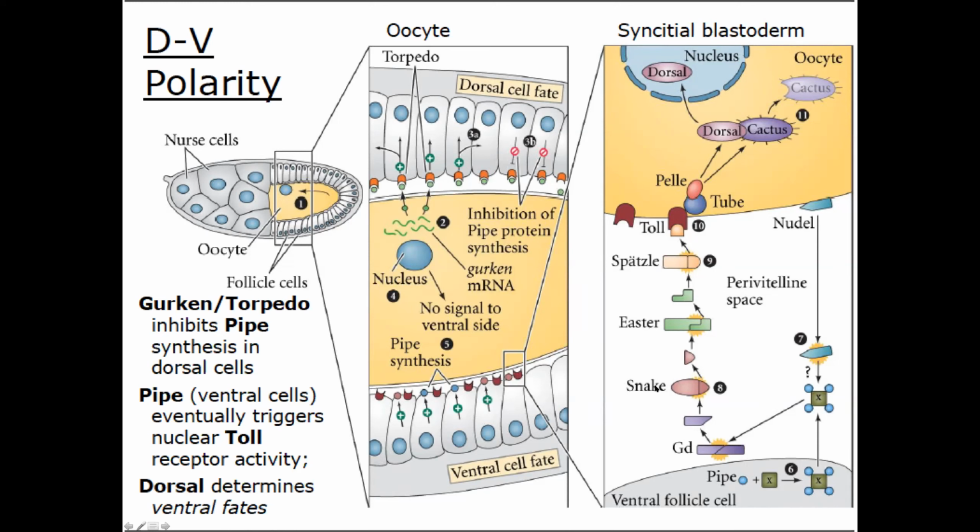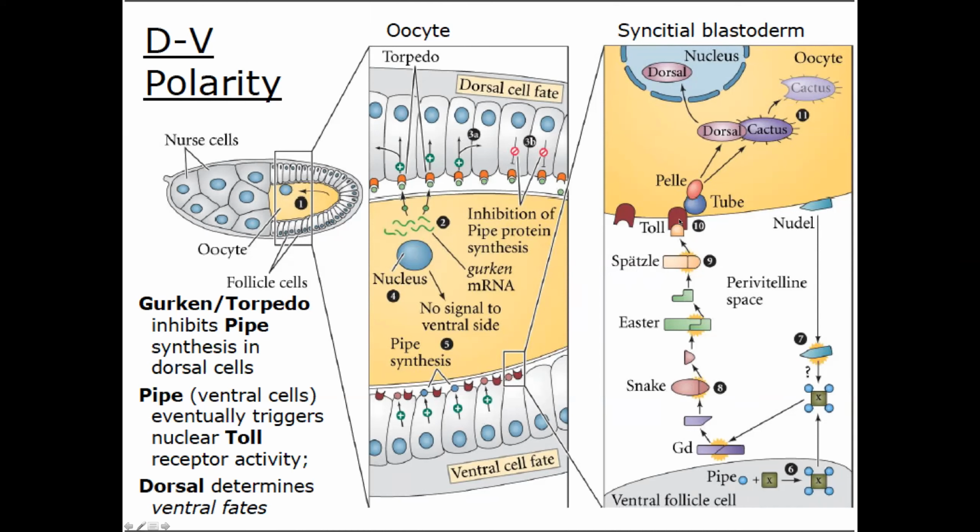Binding to this autocatalytically activates snake, which will cleave itself, and like this, it results in a series of cleavages, ultimately resulting in the cleavage of Spätzle, which is the ligand for toll.